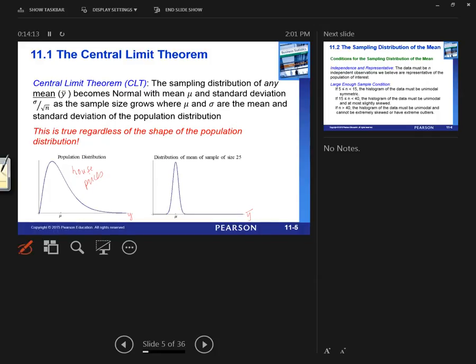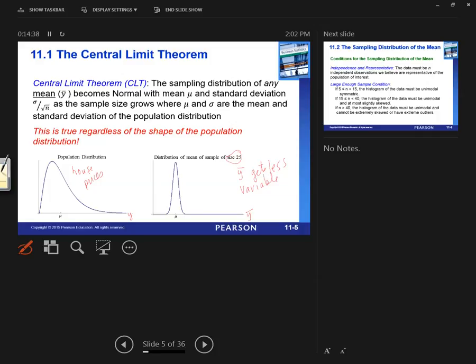This is if I take a mean of a certain size, here 25, and now you see the spread is way smaller. So the central limit theorem tells me that the sample mean y bar gets less variable, less spread out, and it gets more normal.